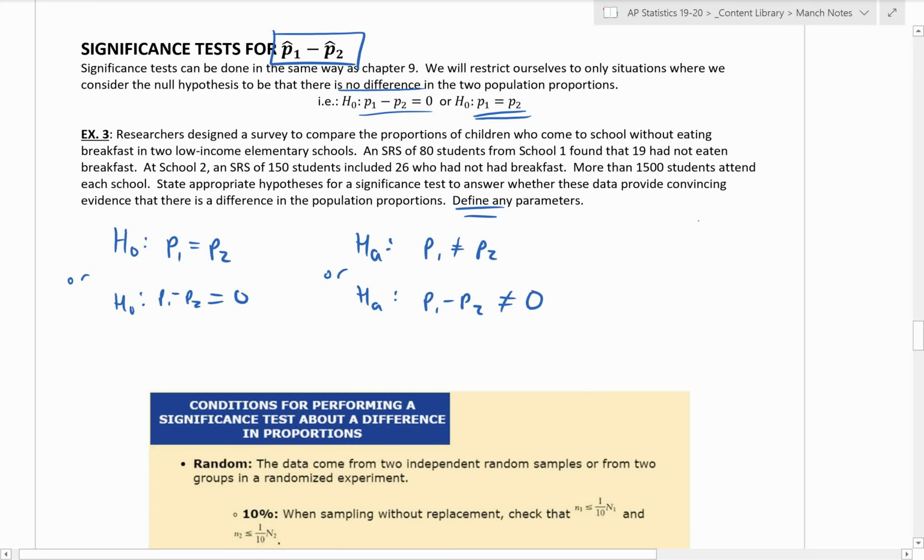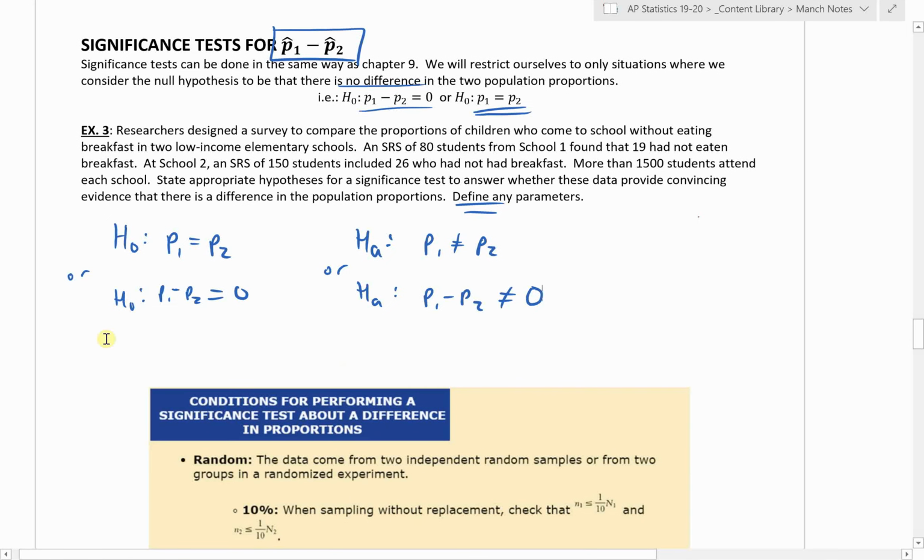Now, when we get into one-tailed tests, this way of phrasing the hypotheses will be important, because with P1 minus P2, if we think that P1 is greater, then we would need to state that this difference is greater than 0. But if we thought P2 is greater, then we would need to say that this difference is less than 0. So we'll talk about that as it comes, but this is how we can state our hypotheses. And of course, we want to make sure we define our parameters here.